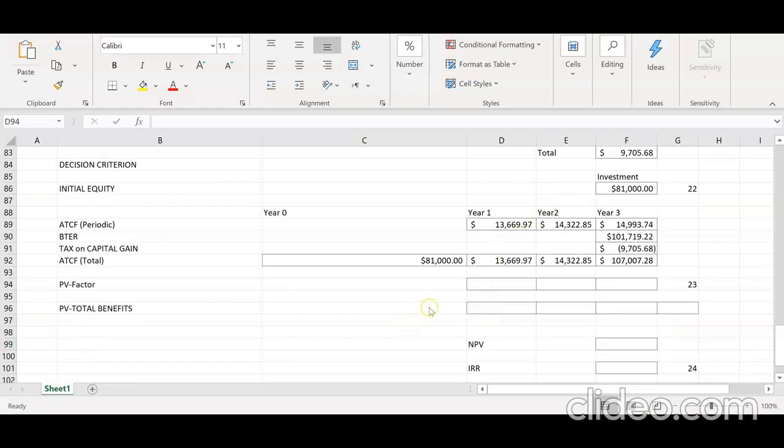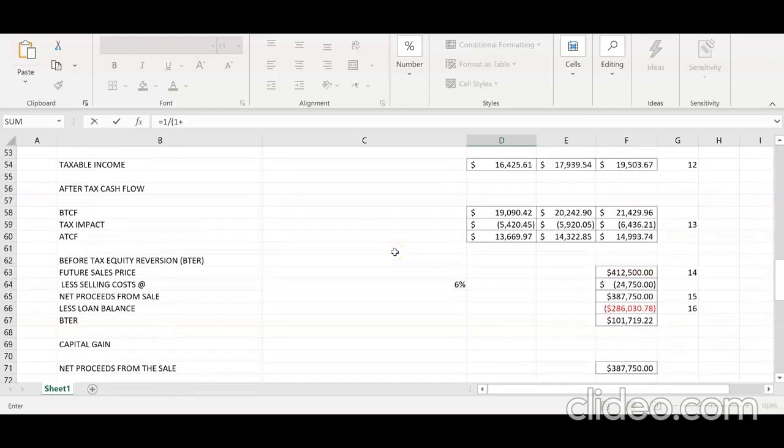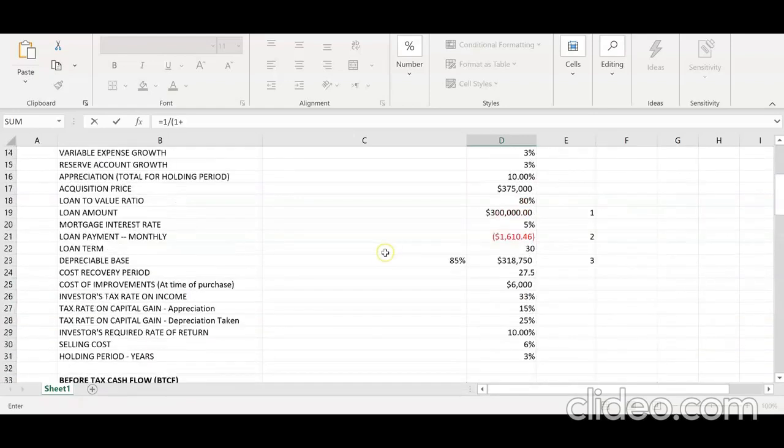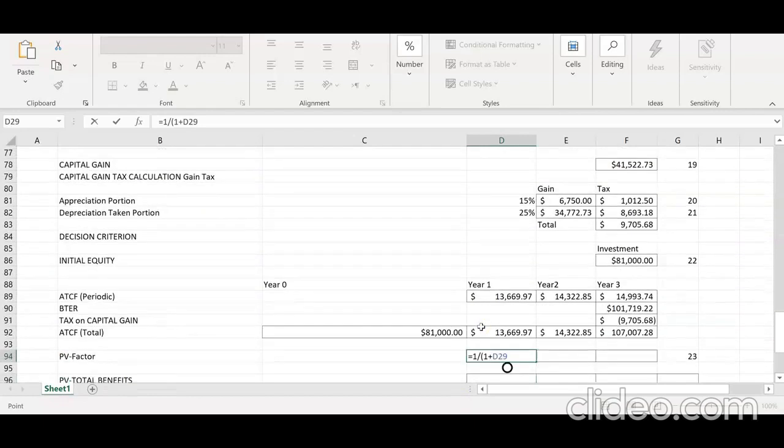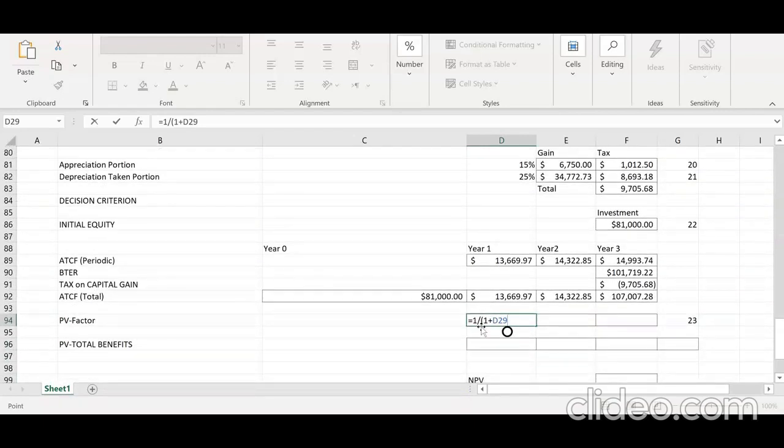For the PV factor, I use the formula, which is 1 divided by, open parentheses, 1 plus the investor's required rate of return. And then we're just going to lock it with dollar signs.